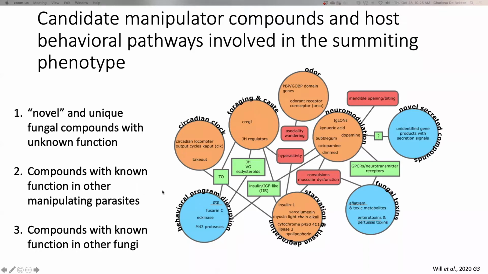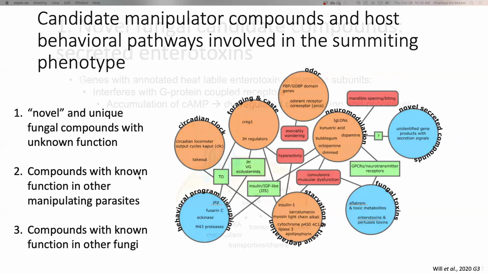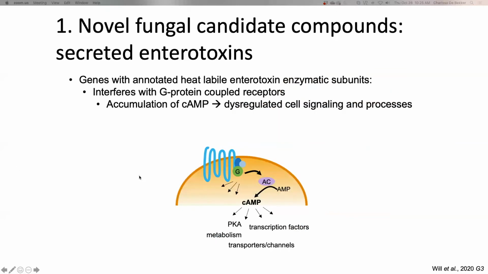We found compounds with known function in other manipulating parasites, so we could compare that. And we found compounds with known function in other fungi. To give you an example of all three of those categories: one of the things that we found was that these Ophiocordyceps fungi harbor a lot of different genes that potentially encode secreted enterotoxins.